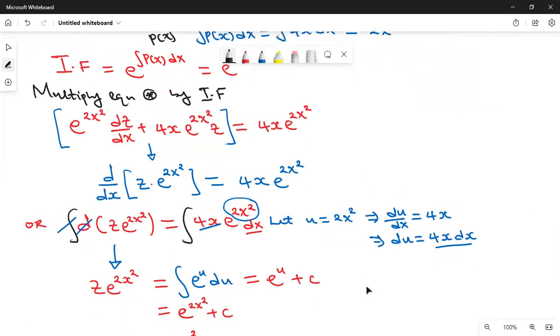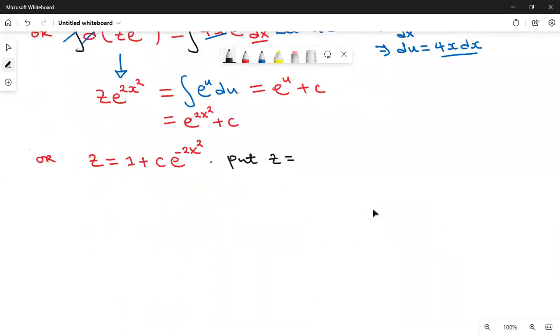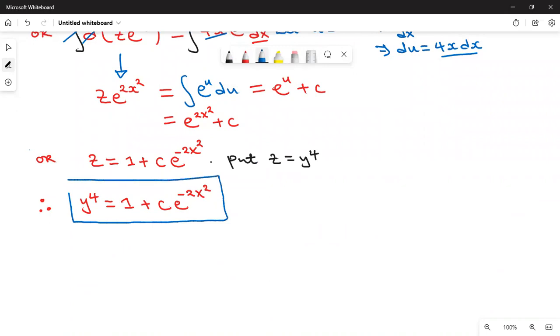Therefore, we now have y raised to 4 is equal to 1 plus c times exponential negative 2x squared. So this one is our general solution.